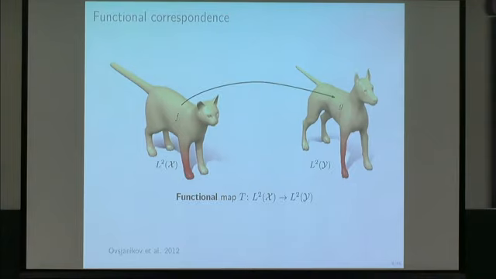But the very elegant idea that was proposed by Max Ovsjanikov and his co-authors in 2012 was to lift the problem into a much more complex space, a space of real valued functions on manifolds, and then encode the correspondence as a map between spaces of functions. By the trivial laws of composition of functions, this map can be shown to be linear. So instead of working with maps between complicated domains, we have linear maps between even more complicated spaces.